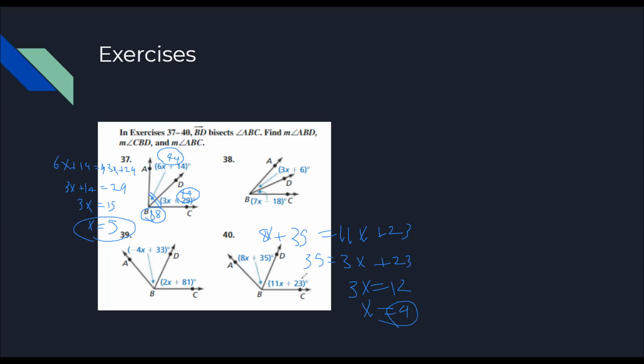So in order to find angle ABD, you again plug in 4 for x. So 8 times 4 is 32, and 32 plus 35 is equal to 67. And you know that angle ABD and angle DBC are the same, so this is again 67. So to find angle ABC, you have to add 67 and 67 together, which should get you 134.